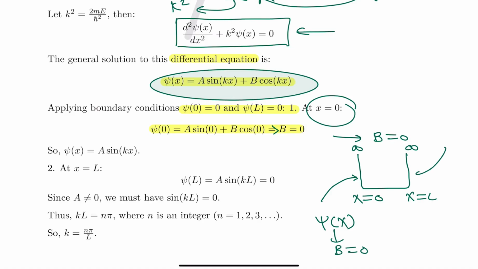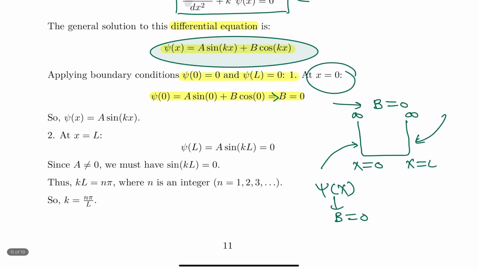Now we will do the same at the other boundary, x equals L. We know that A cannot be 0, because B is already 0. If A were 0 as well, there would be no wave function. So A must exist, and therefore the sine term has to be 0 at the boundary.